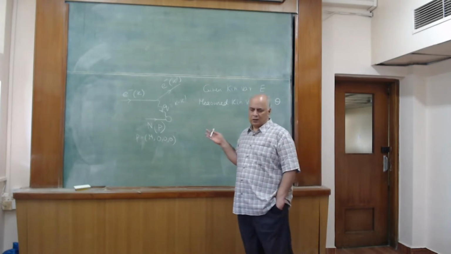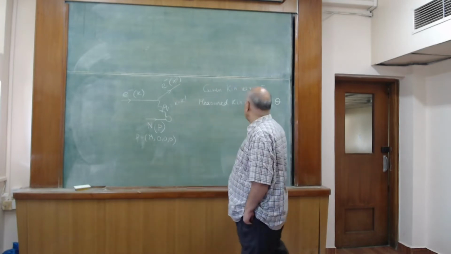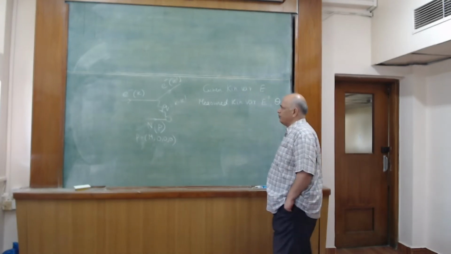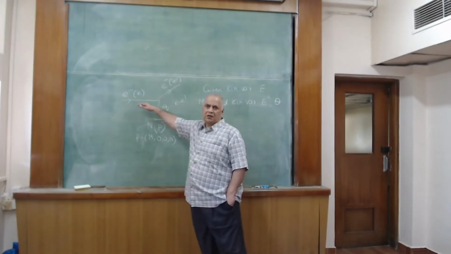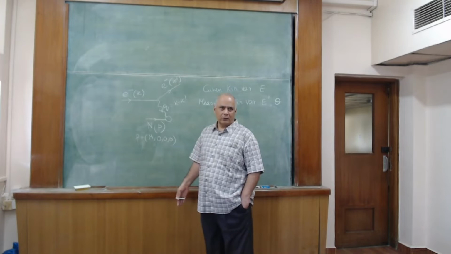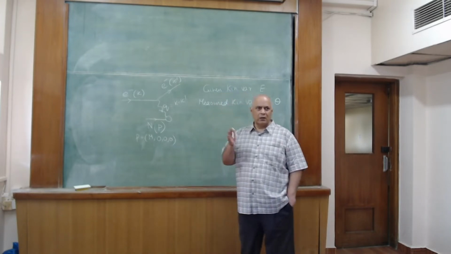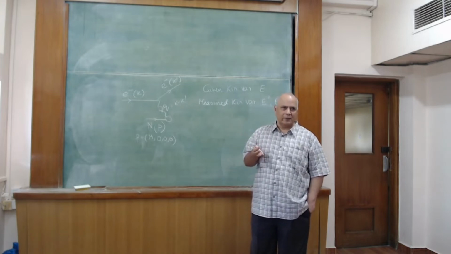E prime is the energy of the final state electron, and theta is the angle between the initial momentum of the electron and the final momentum of the electron. So these are the kinematical variables that are measured in the experiment.